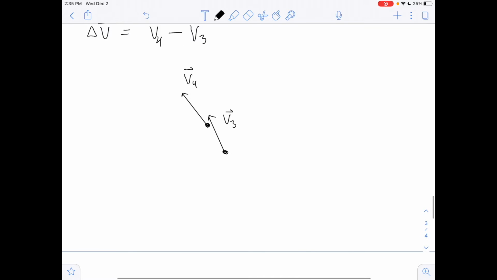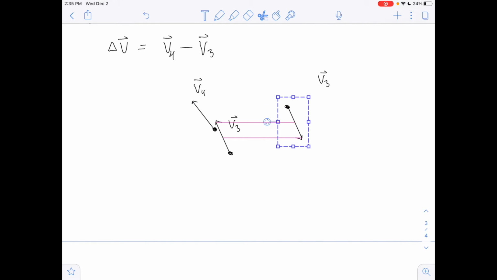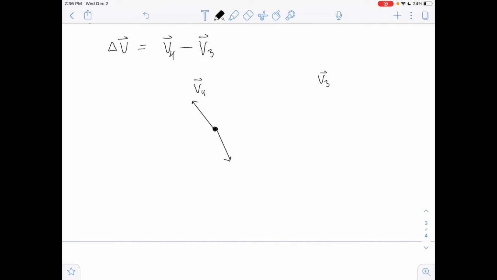So there's our two velocity vectors, and just like before, we'll take v3 and we will flip it. So if we flip velocity v3, it looks something like this. And just like before, we can draw parallel lines for each of those velocities. So the parallel line for velocity v3 would look something like this.